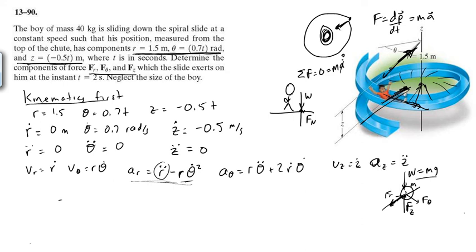So F theta is again perpendicular to W. I'm putting this down in 2D. And so there's no component of the weight in the F theta direction.